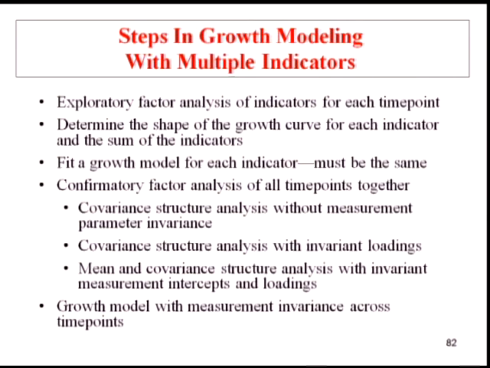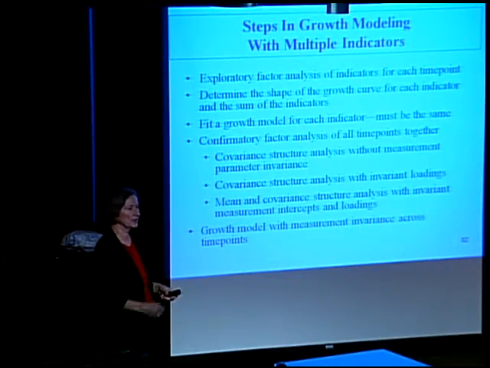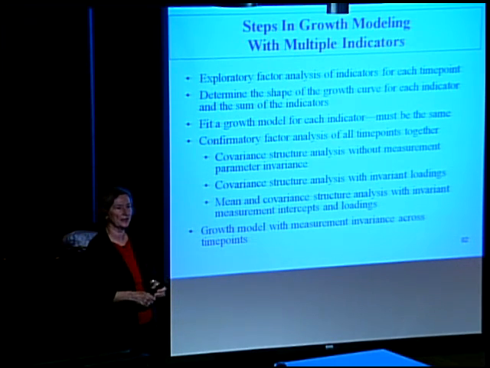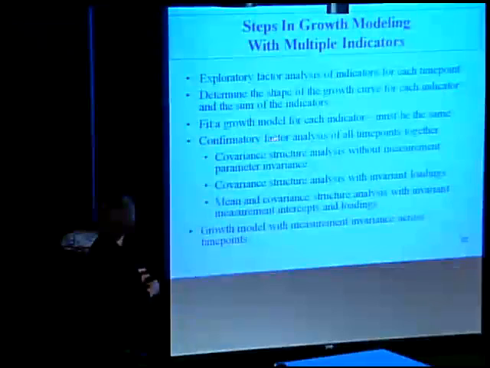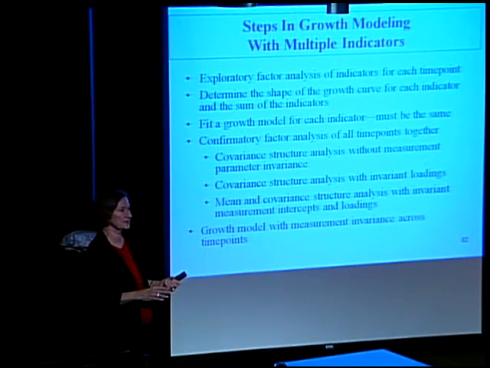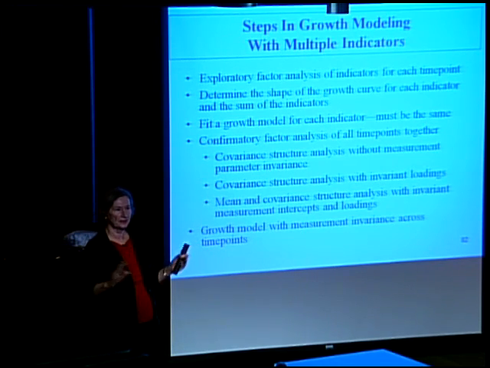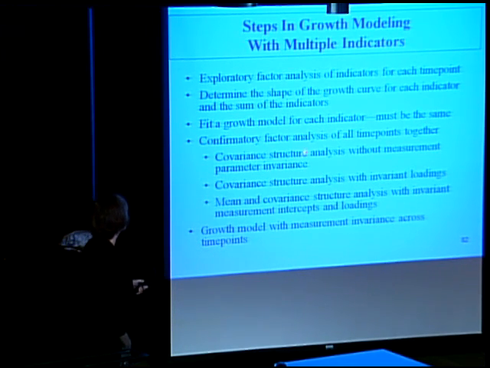Then you want to do a confirmatory factor analysis of all time points together. And you want to do that in 3 steps. So let's say you had 3 factors, like Bengt showed in the picture. Let's say you have 3 time points, 3 factors with 9 indicators, and you analyze it in different ways.